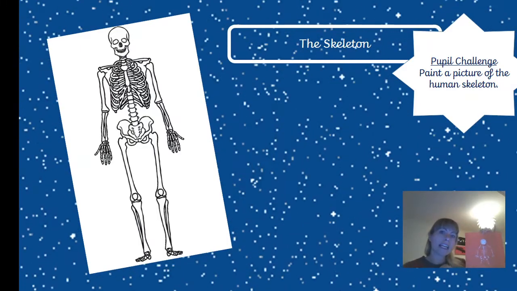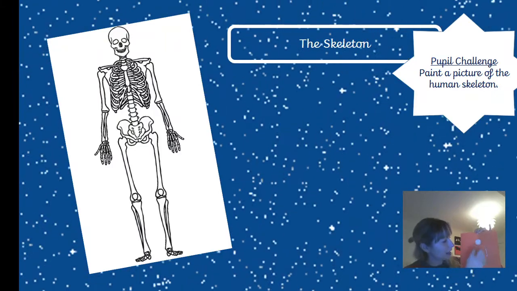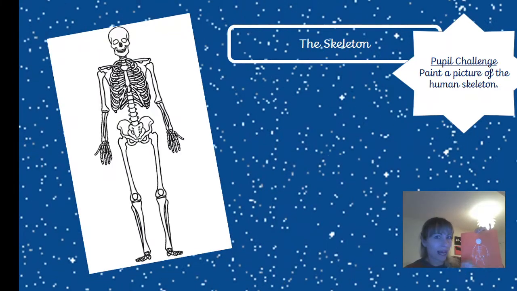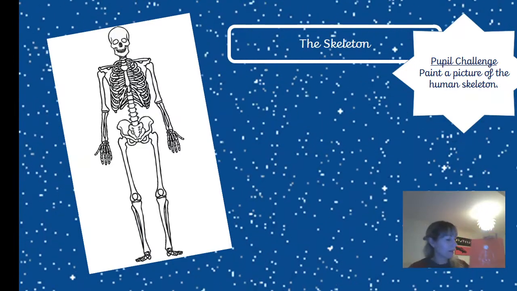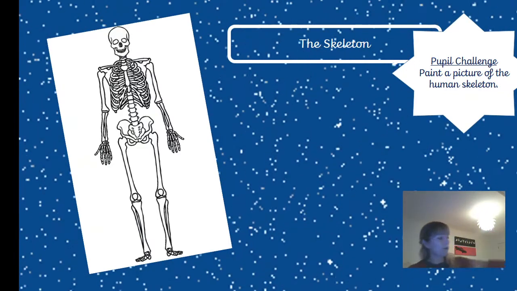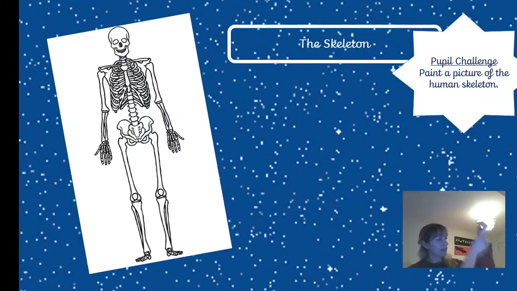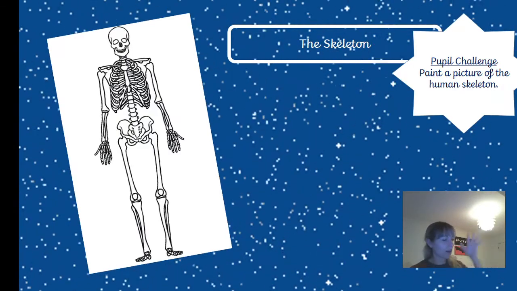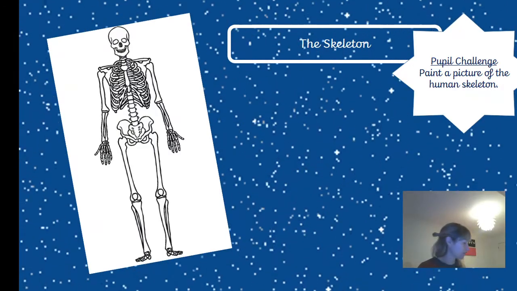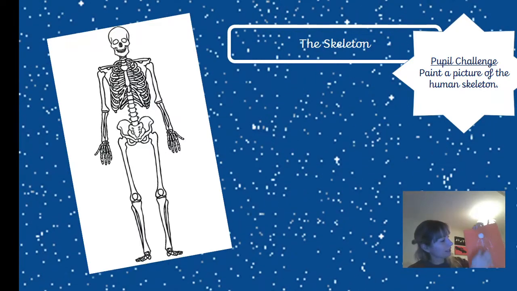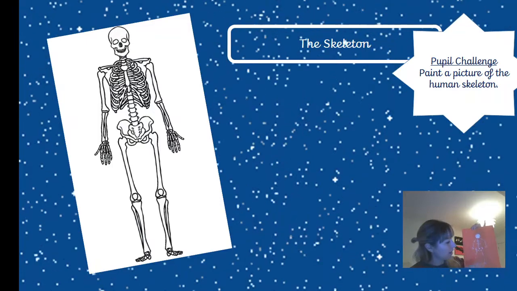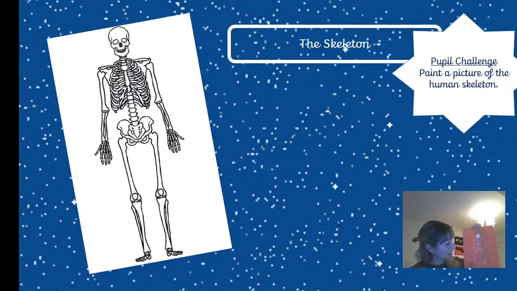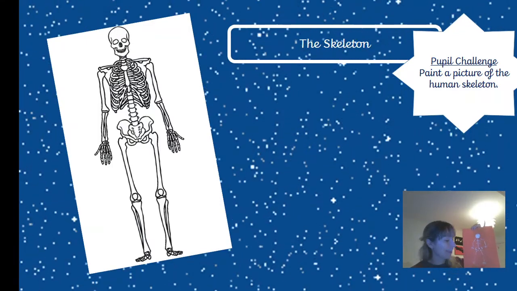So what I'd really like you to do is to include the skull, the rib cage, the backbone, our arms. Can you see they're made up of 2 different parts? So we have one part here which is our upper arm, and another part here which is our lower arm, and then our hands. I've also included the hips on mine because I continue to stamp with my cotton reel, the thigh bones, your shins or your lower legs, and then your feet.